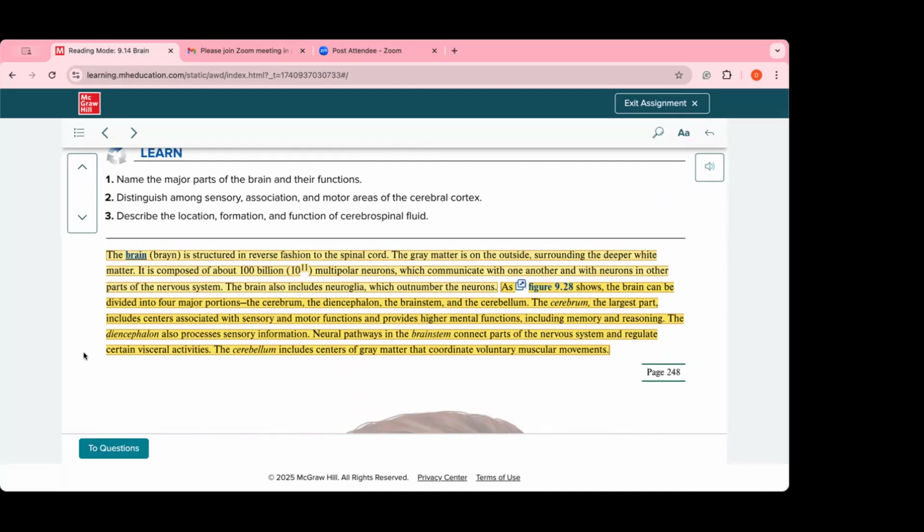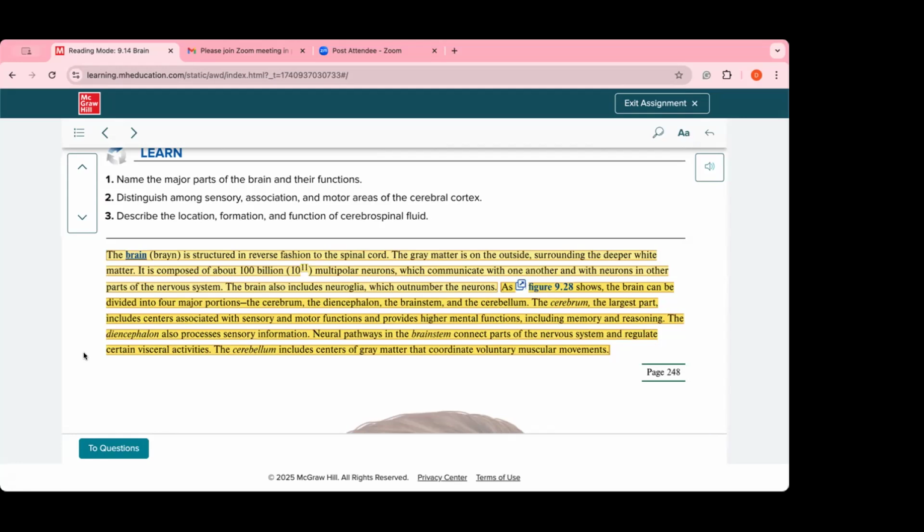The cerebrum, the largest part, includes centers associated with sensory and motor functions and includes higher mental functions, that's the cerebrum. The diencephalon also produces sensory information. Neural pathways in the brain stem connect parts of the nervous system and relate visceral activities. And the cerebellum coordinates voluntary muscle movement.